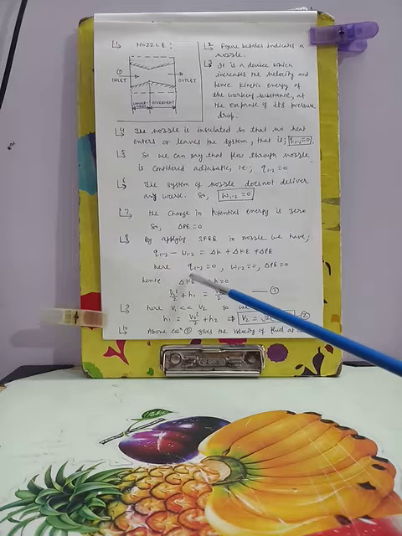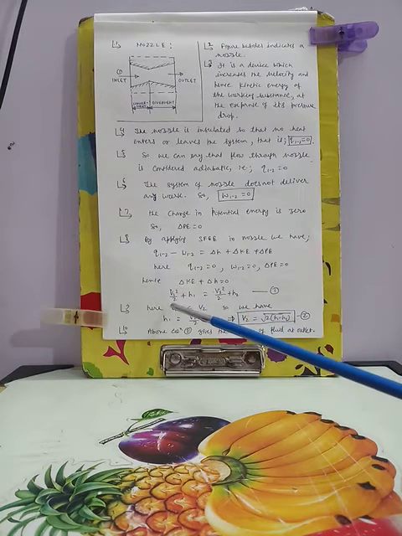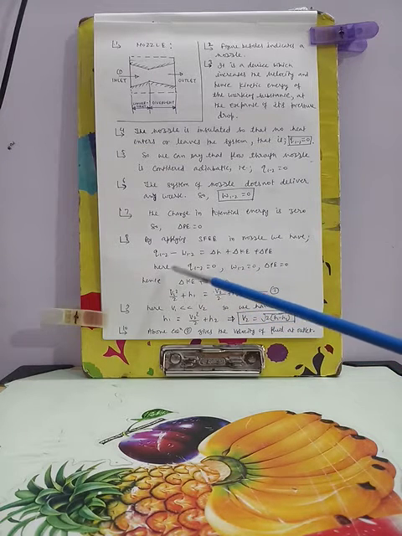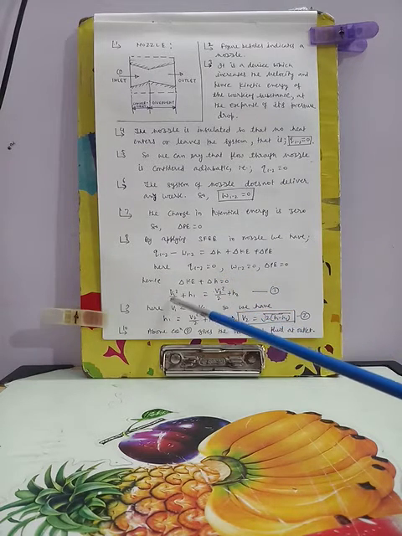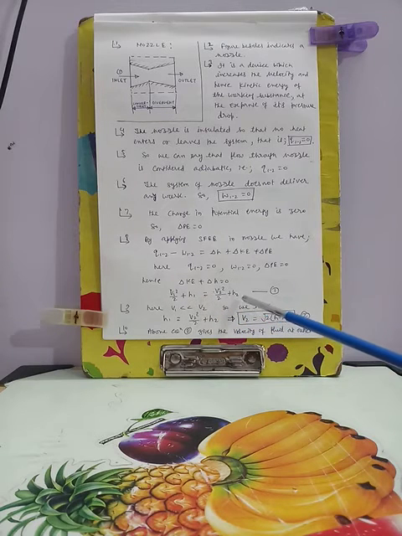Now writing the change in kinetic energy in the form of formula and rearranging the equation, we get V1 square by 2 plus H1 is equal to V2 square by 2 plus H2.